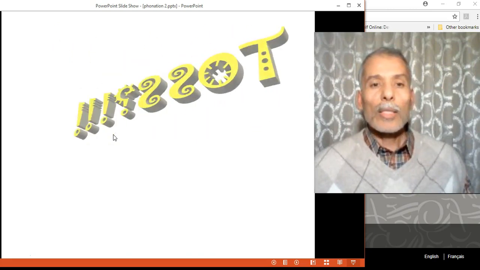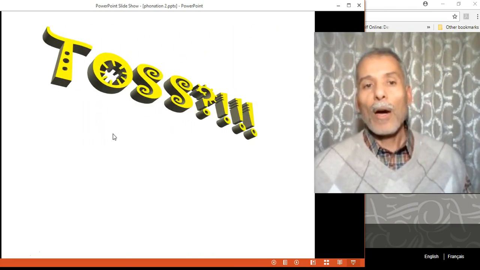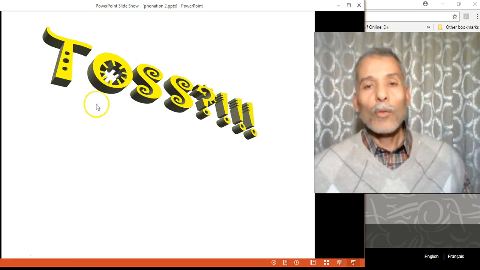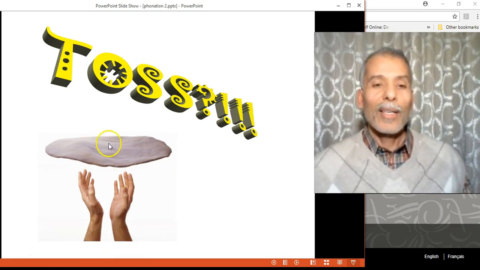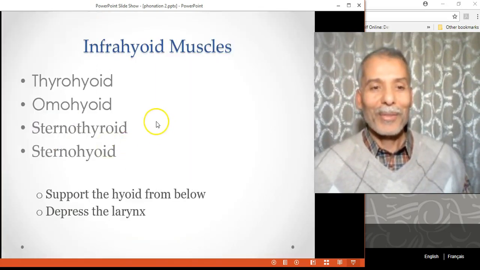Okay, so now let's look at the infrahyoid muscles. And I kind of created this acronym too, called TOS. Okay, and here you have your visual cue.